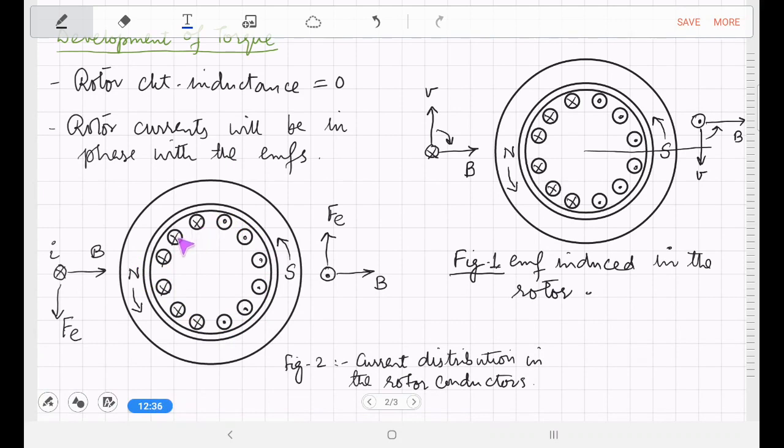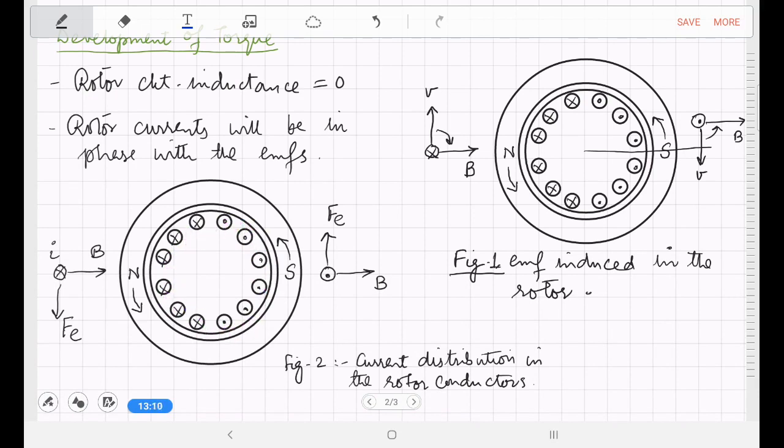The EMF induced in the rotor conductors and hence the currents will also decrease, and the motor will continue to accelerate and ultimately it will reach an equilibrium at a certain speed at which the EMF induced in the rotor conductors is sufficient to cause a current to flow in the conductors that produces a torque equal to the opposing torques.